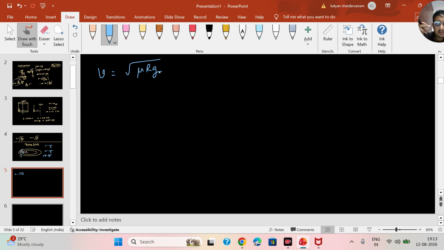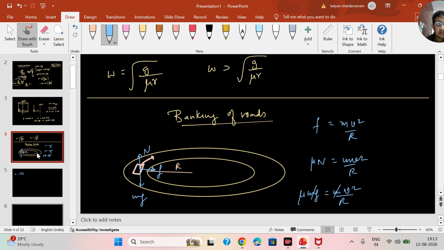If you now try to increase the speed and say to friction, come on, you also increase, it cannot increase. The bonds will break, the sideways bonds, and the car will skid. In which direction will it skid? Friction was supporting it and not allowing it to go outward. It was applying a force inward. Now when the bonds break, the car will skid outwards.